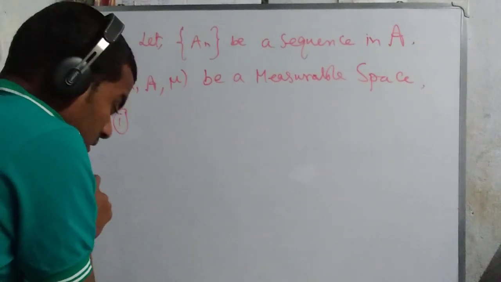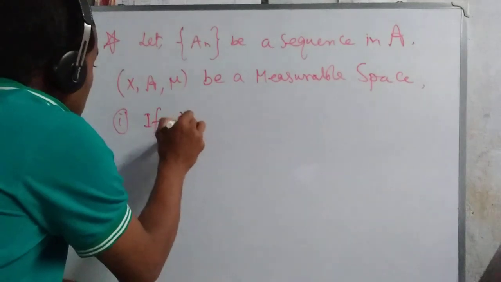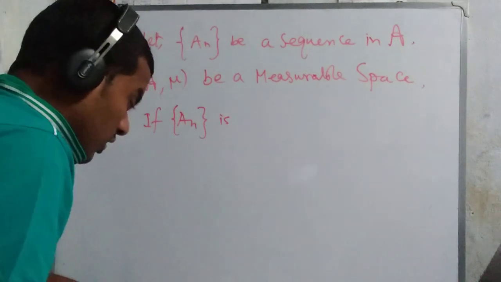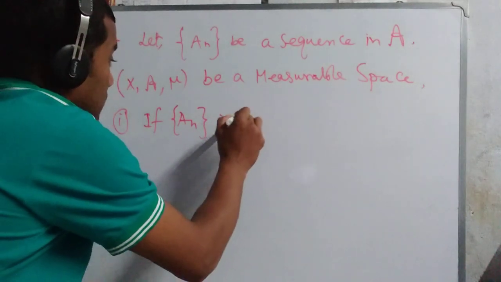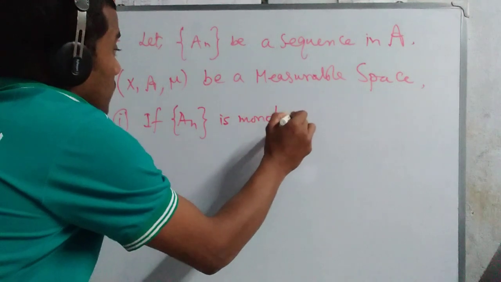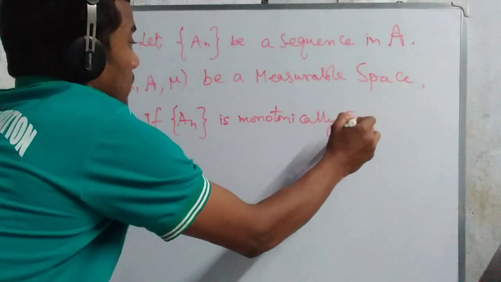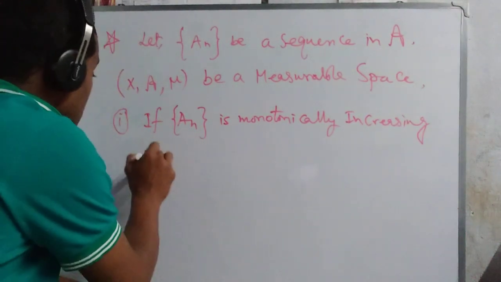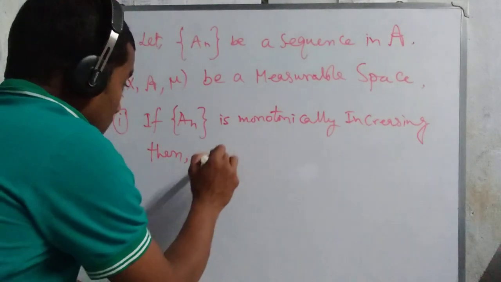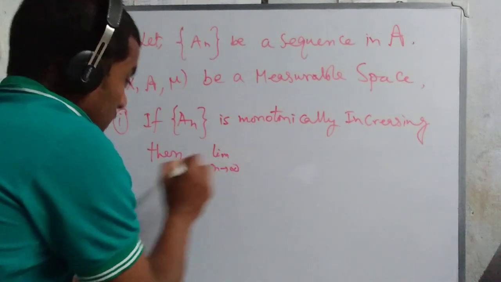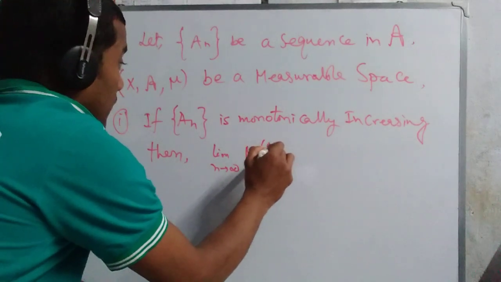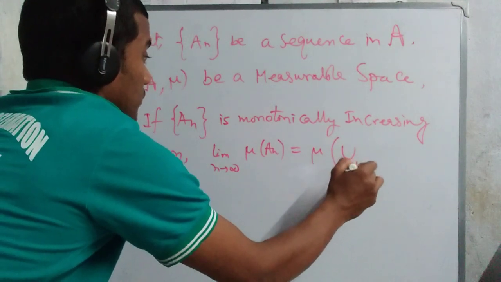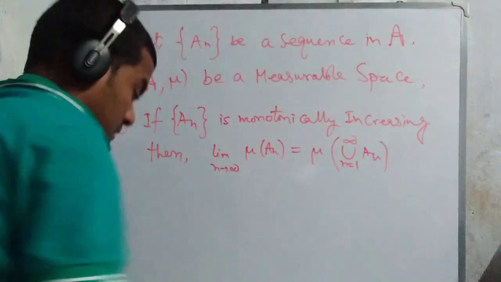Then first, if A_n is monotonically increasing, then the limit as n tends to infinity of mu of A_n equals mu of the union of A_n from n equal to 1 to infinity.